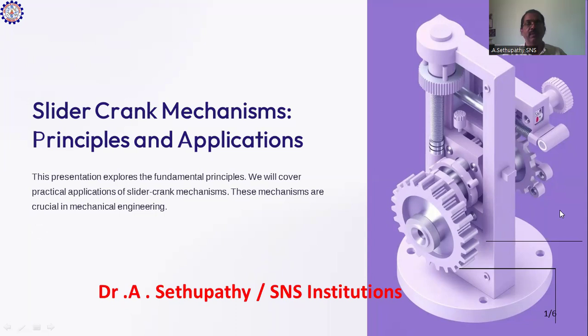For example, we have a compressor. The compressor has a cylinder with a piston inside, and the piston is connected to one end of the connecting rod, and the other end of the connecting rod is connected with the crankshaft. When the crankshaft rotates, the connecting rod moves up and down, that is reciprocating movement.